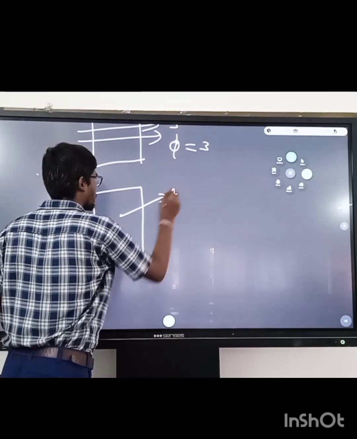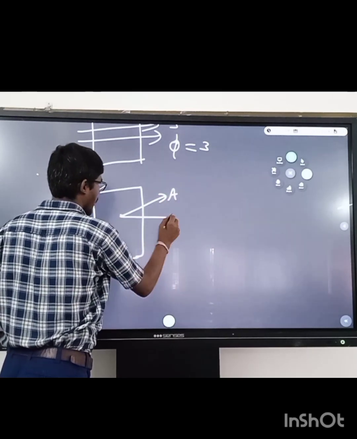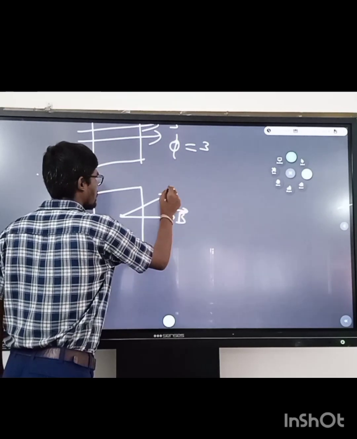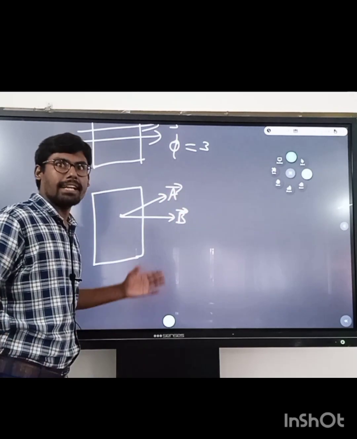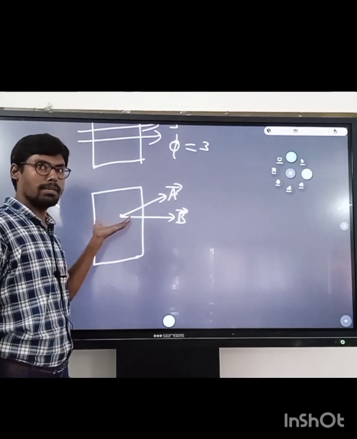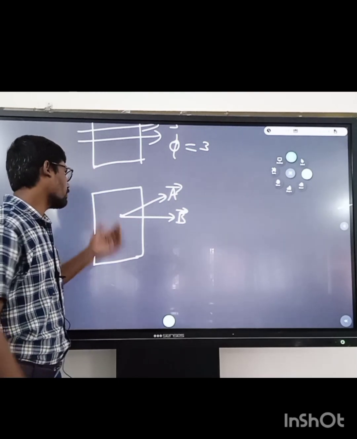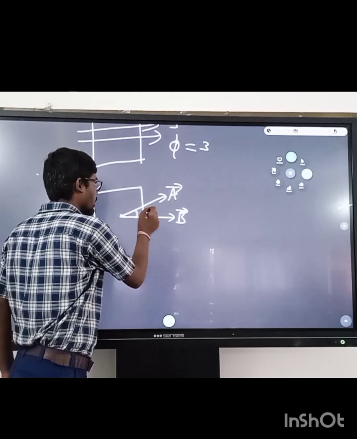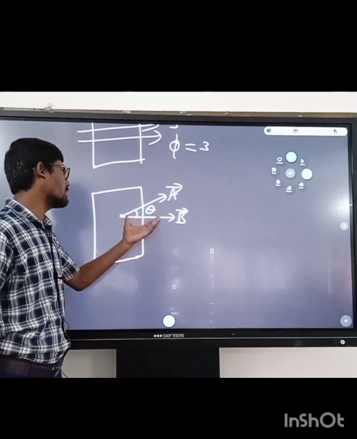Suppose this is the area vector, and these are the magnetic field lines. The direction of the area vector is always perpendicular to the surface. And suppose the angle between the area vector and the magnetic field lines is theta.